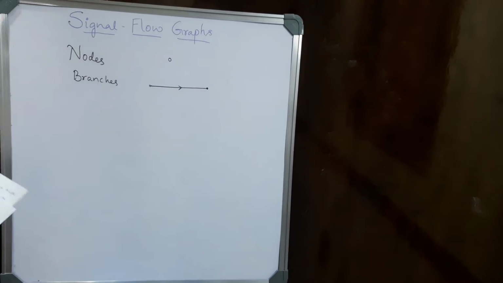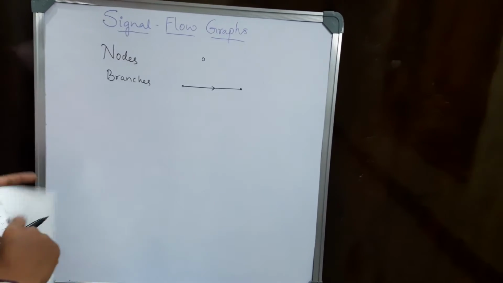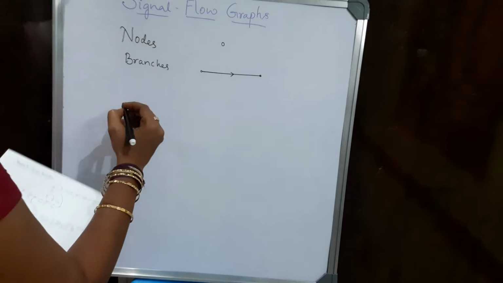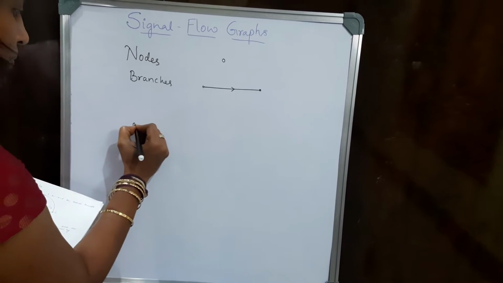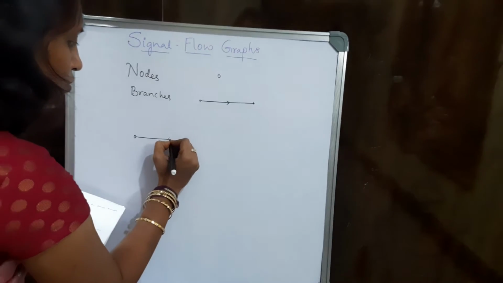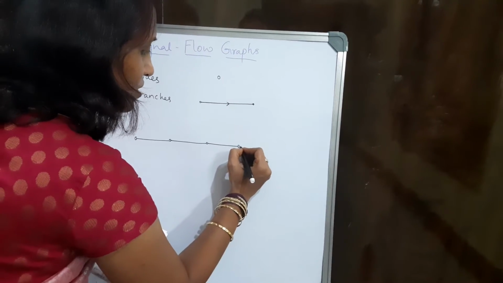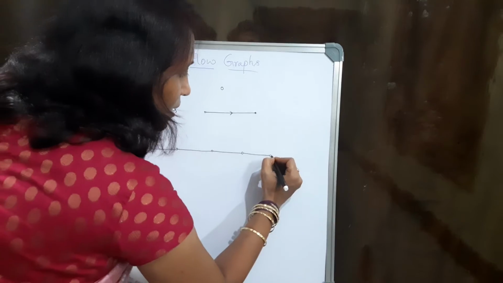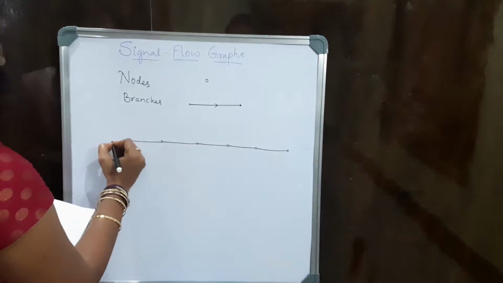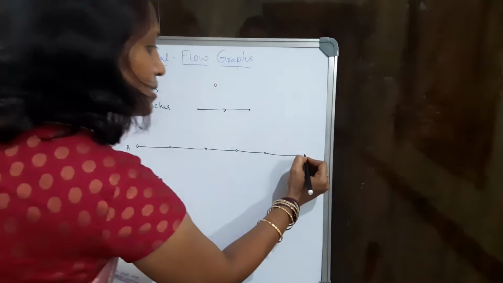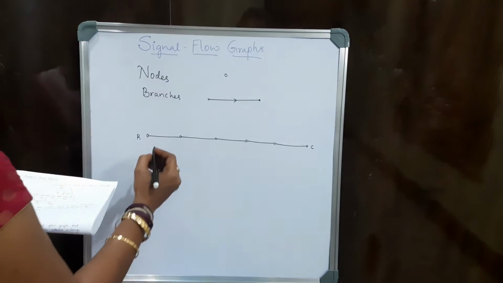So now I'm going to draw the example, which comprises just nodes and branches. It's a system represented by nodes and branches. This is an input node, this is an output node.